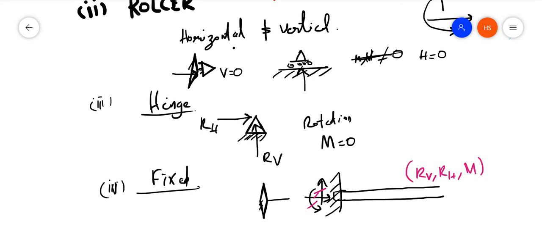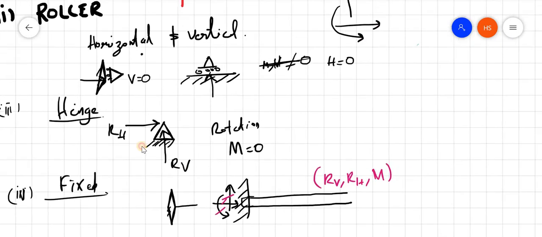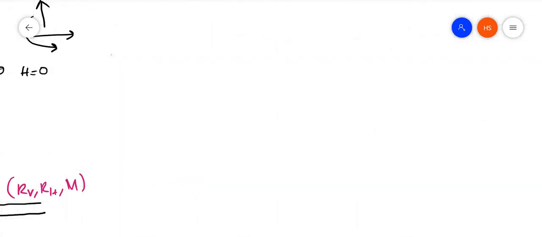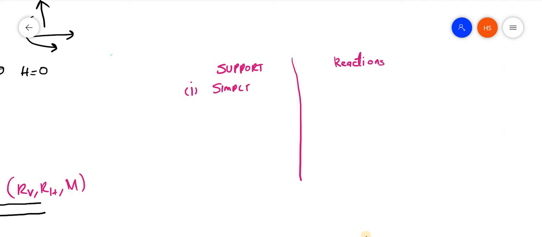Okay, so by summarizing, we can say that based on the supports, that is, if I am having a support, then the reactions, and the first one, it is a simple support. Here the reaction can be vertical only, only vertical reaction is there.